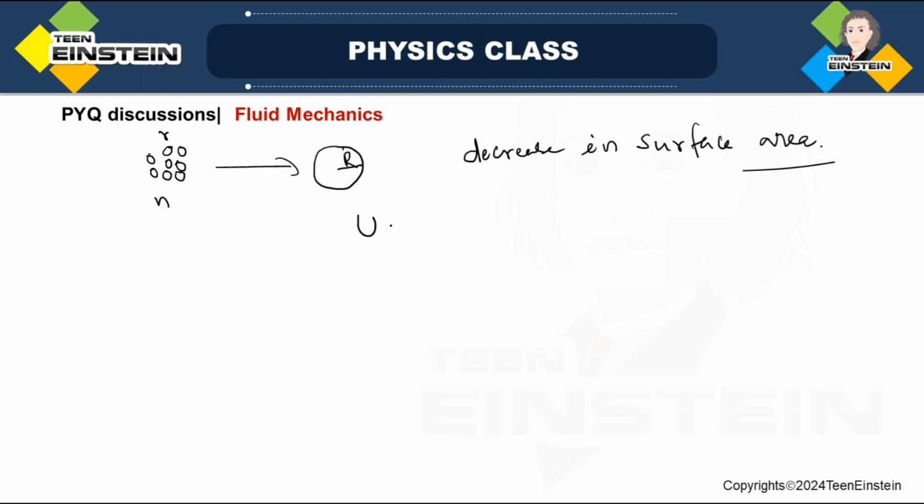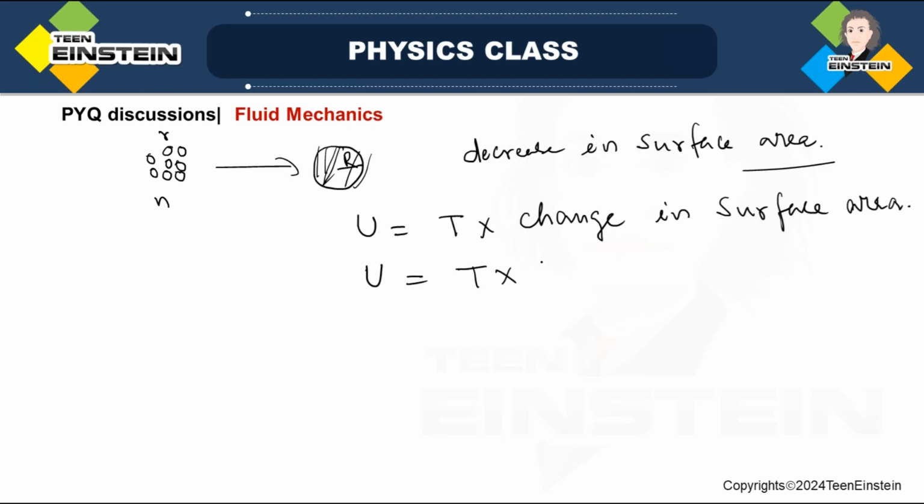And we know surface energy is equal to surface tension T into the change in surface area. So since here the surface area decreases, the energy also decreases within this spherical drop. That means this much energy gets released.